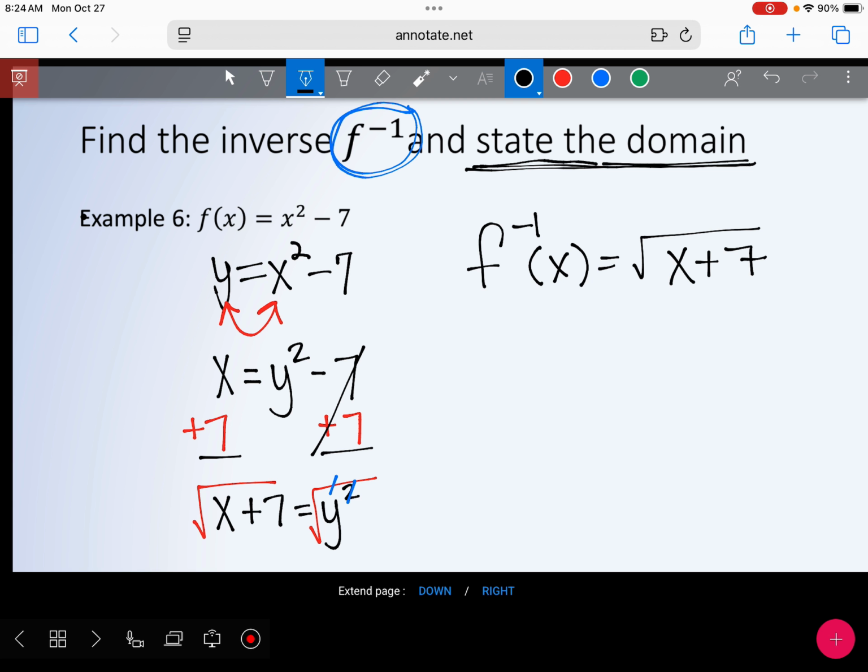Do I have a red light? Is my domain going to be all real numbers? No, we got a square root. So I want you to take what's under the square root. That has to be greater than or equal to 0. Go ahead and solve it. And write your answer in interval notation.